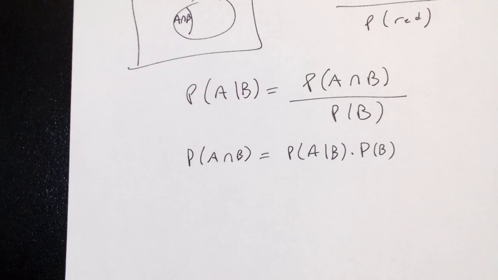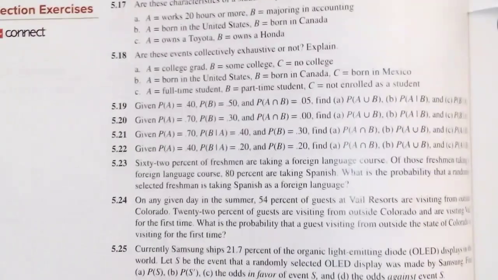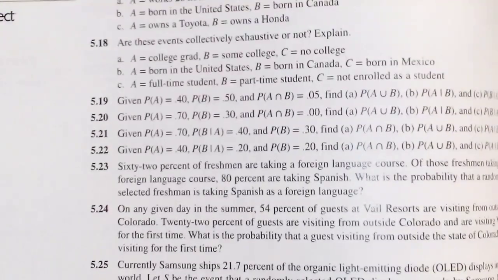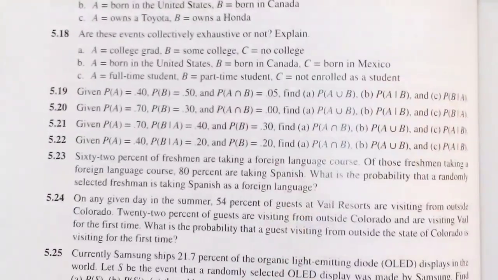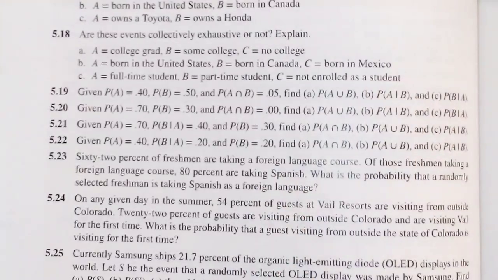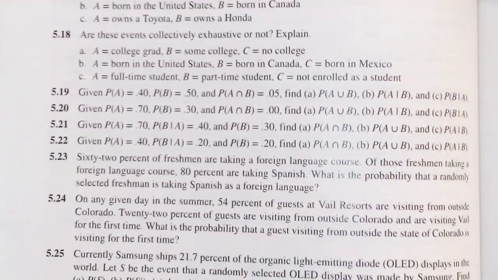Again, we want to read our words in the problem that's given to us. We want to understand what they're telling us carefully. Here's another one. Problem 23 here. 62% of freshmen are taking a foreign language course. Of the students taking a foreign language, 80% are taking Spanish.